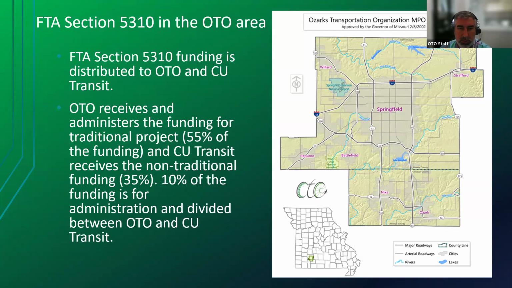I'll talk a little bit about what our projects are. I'm not going to go too far into what CU does. I do want to mention that they don't have any sub-recipients, so they get that funding for the non-traditional projects. And then there's 10% of the funding that goes to administration, which helps fund my time to oversee agencies and do the procurement. And some of the funding also goes to CU that is split up.